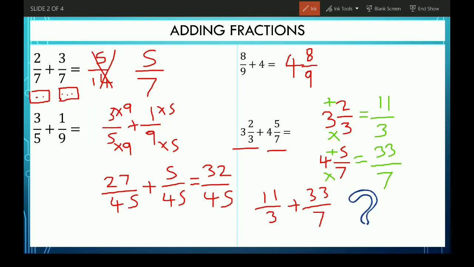Now, can I add these two fractions? No, because I need to make the denominators the same. To make them the same, I can multiply this side by 7, and whatever I do to the bottom, I'm going to do to the top. And then this side by 3.